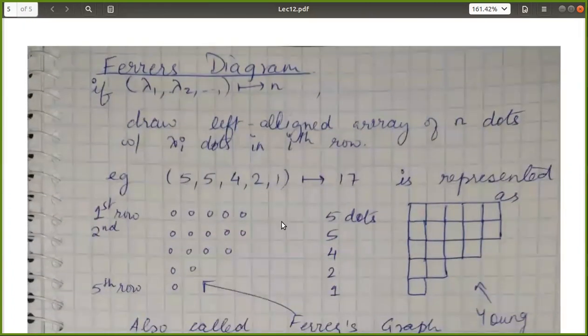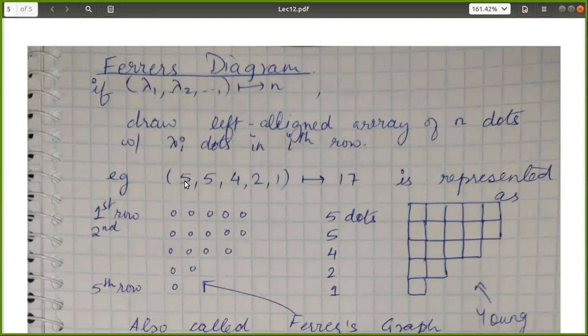Okay, so let's say I take 5, 5, 4, 2, 1 to be a partition of 17, so it's 5 plus 5, 10, 14, 16, 17. So okay, that's not a mistake. So if this is a partition of 17, you take this array left-aligned, which means all the rows you start drawing from the first column.